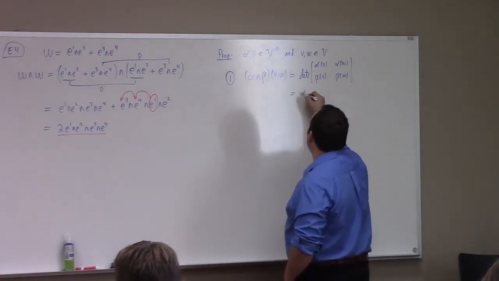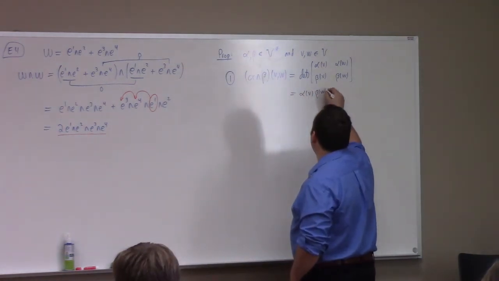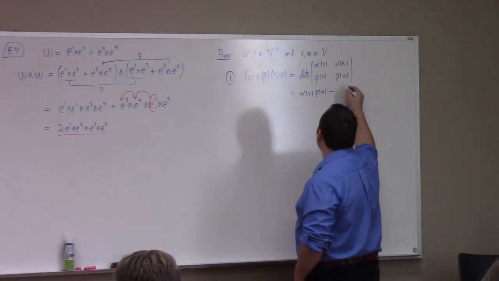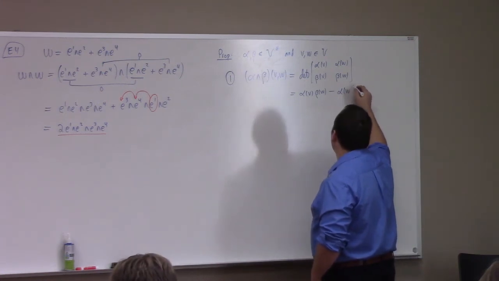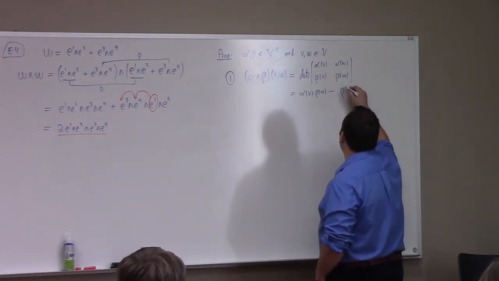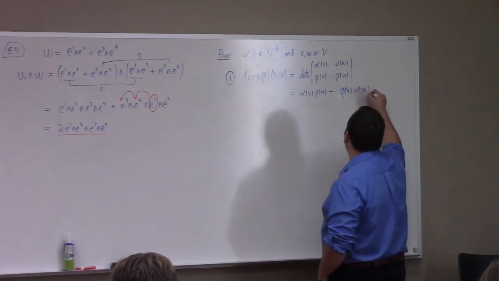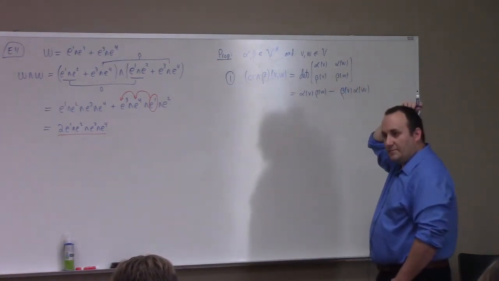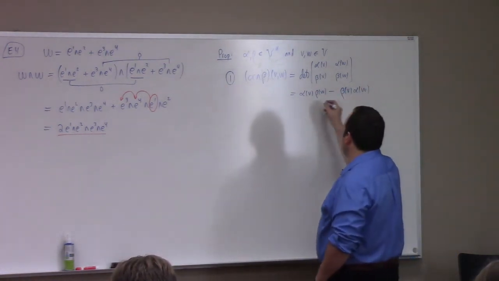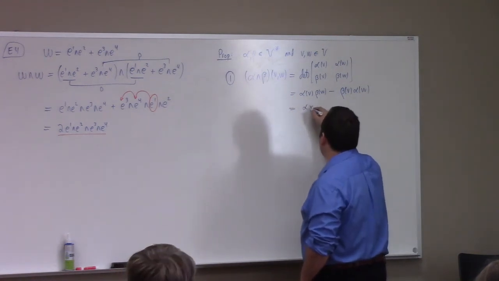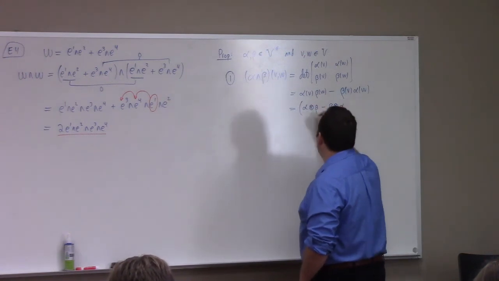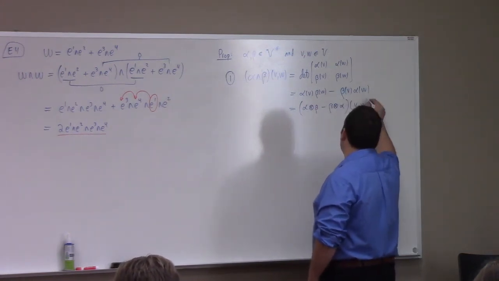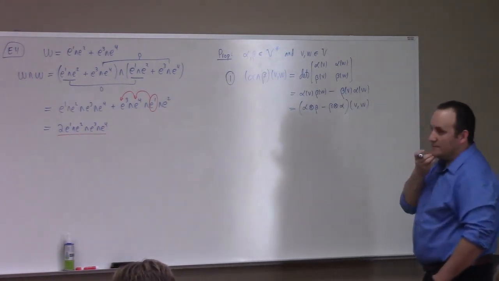So this is alpha of v, beta of w, minus alpha of w, beta of v. These are real numbers, right? So you could look at it as this. This is actually alpha tensor beta minus beta tensor alpha acting on v, w, using the tensor that I introduced last time.